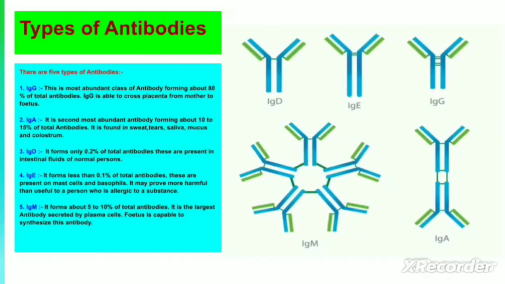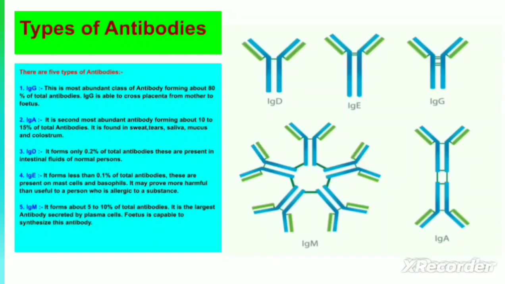There are 5 types of antibodies. First one is IgG. This is the most abundant class of antibody, forming about 80% of total antibodies. IgG is able to cross placenta from mother to fetus.